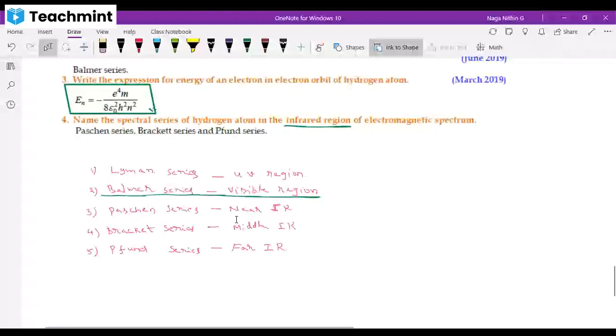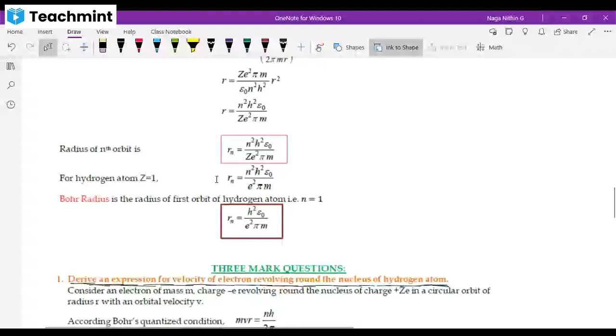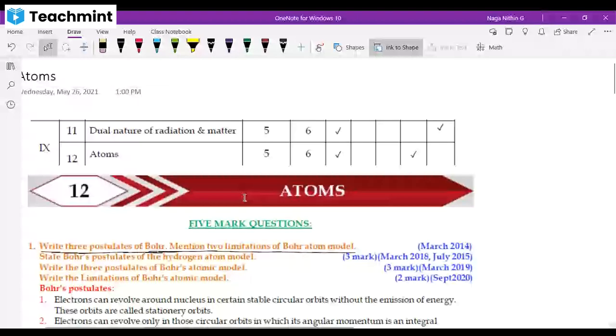Okay, these questions are enough in this chapter. You prepare all of this thoroughly. So, totally from the atoms chapter, you see, one mark questions are there. These are 2 marks questions. These are 3 marks questions. This is 5 marks theory.